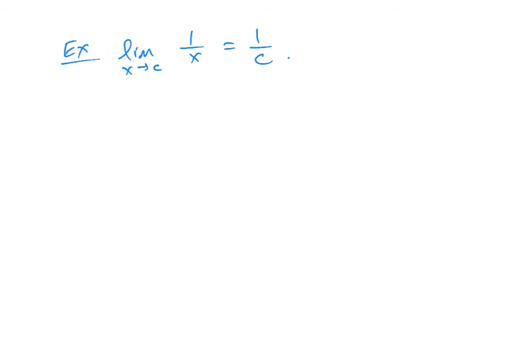Do you think? As long as c's not 0. Right, so you have to be a little bit careful. Obvious statements like that, you always want to check. Is everything defined?